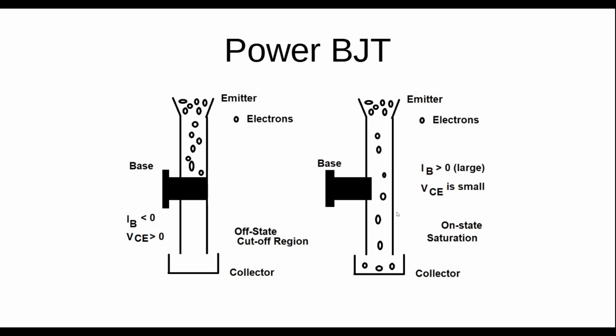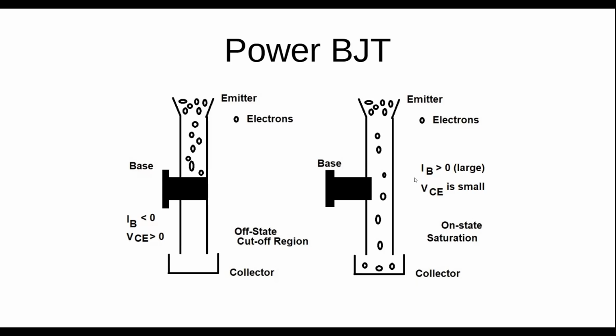Then on the other side, we are essentially opening the tap by applying a large base current. It's a large base current so that we go straight into saturation as opposed to going into the active region.